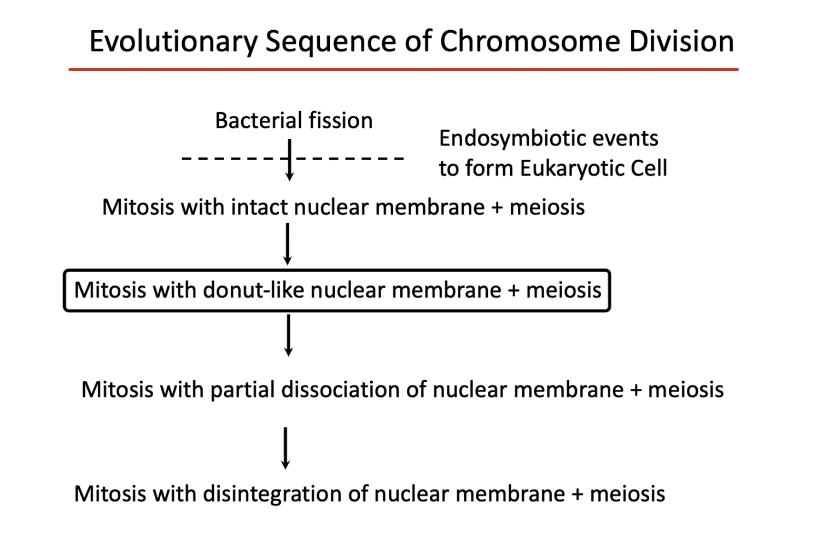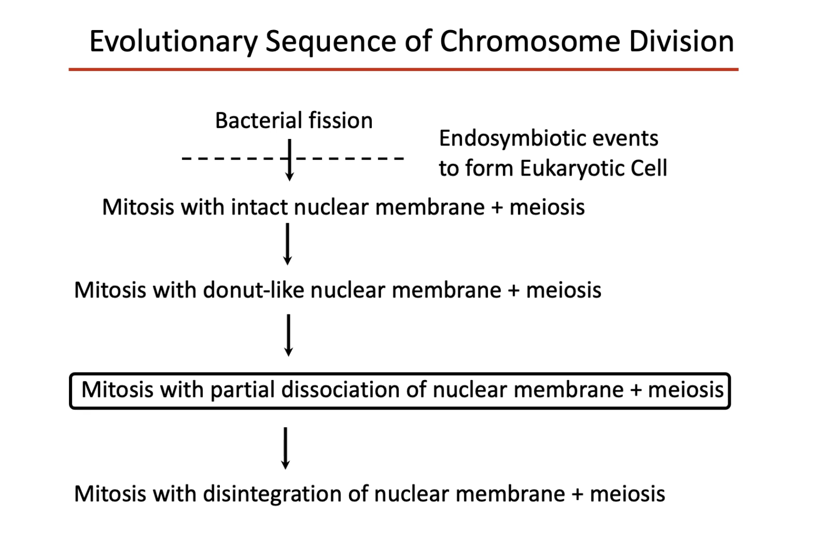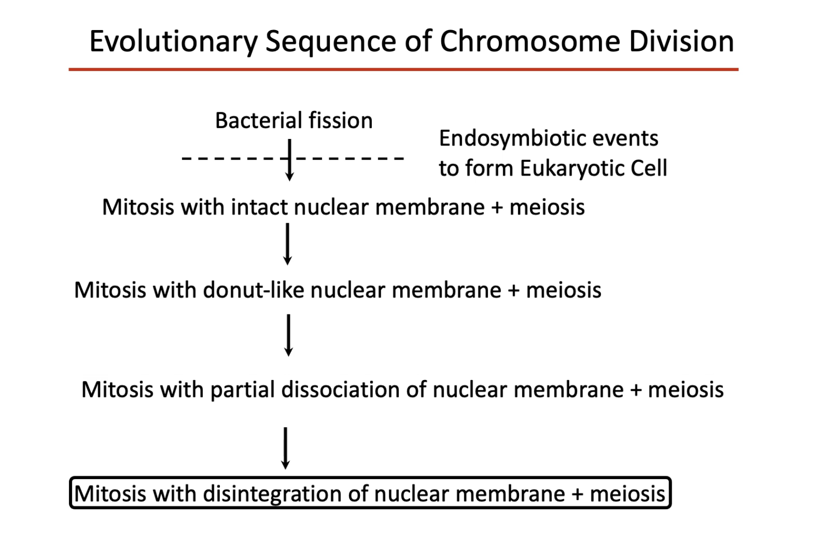And then mitosis with a donut-like nuclear membrane plus meiosis. And then mitosis with partial dissociation of the nuclear membrane with meiosis. And then finally mitosis with disintegration and later reformation of the nuclear membrane plus meiosis.